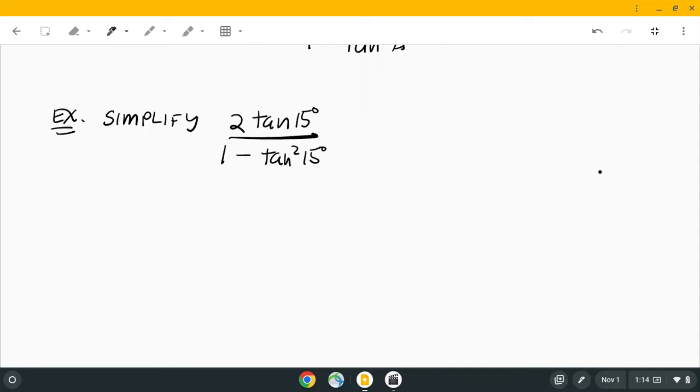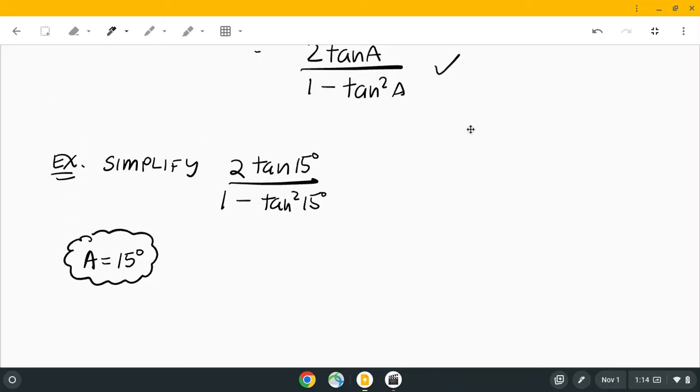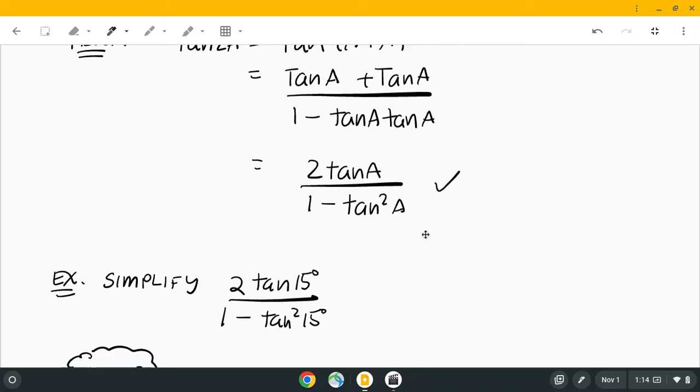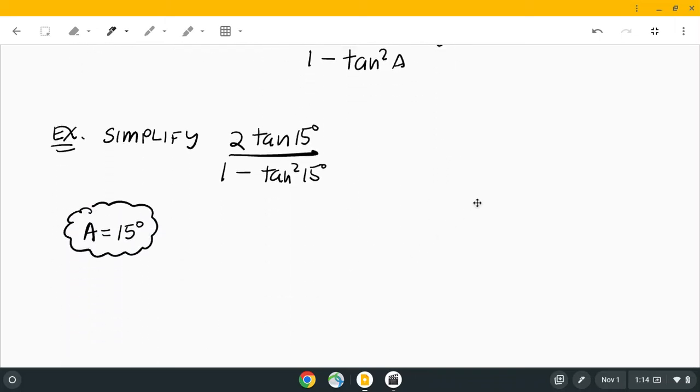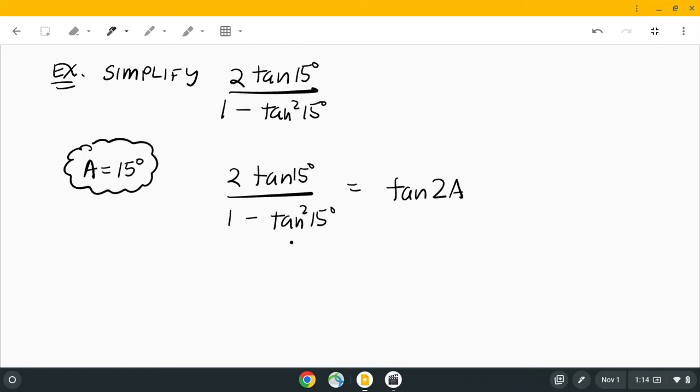Here we see that A is equal to 15 degrees, and this fits the structure of the double angle formula we have up here: 2 tangent A over 1 minus tangent squared A. So 2 tangent 15 over 1 minus tangent squared 15 is going to be equal to tangent 2A. In this case, A is 15.